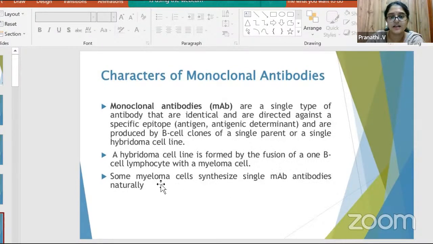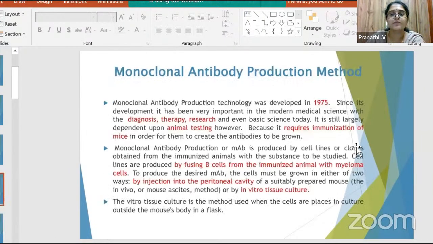A hybridoma cell is a fusion of a B cell lymphocyte with a myeloma cell, like a cancer cell. Some myeloma cells synthesize single monoclonal antibodies naturally also.